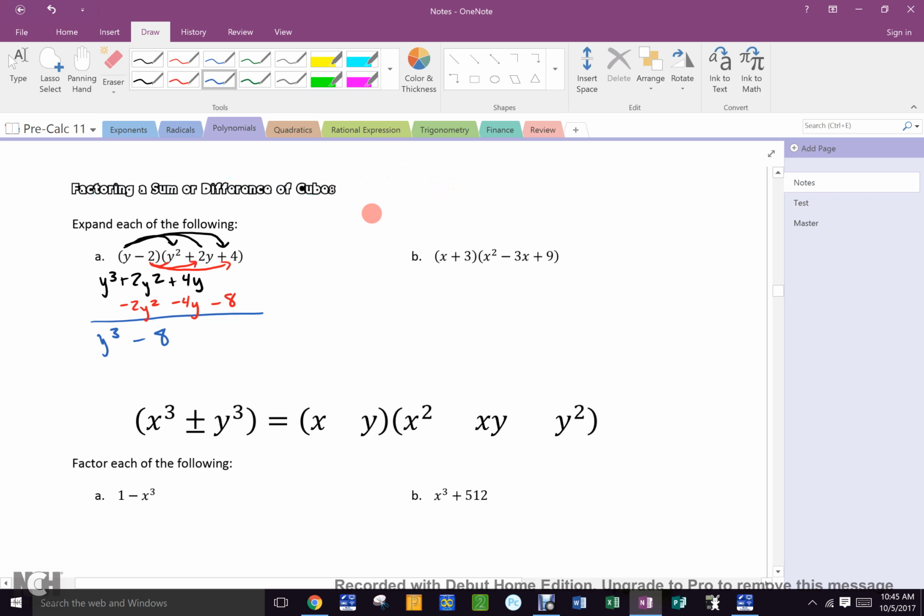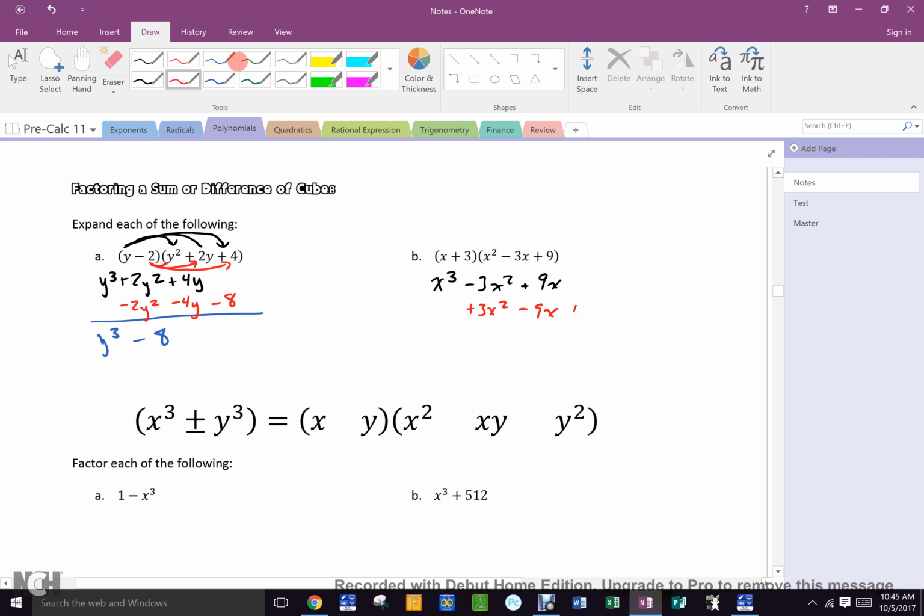All right. Now, come over here and do the same thing. X cubed minus 3x squared plus 9x, and plus 3x squared minus 9x plus 27.